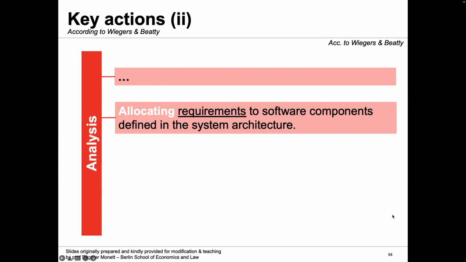So the next is allocating the requirements to software components which are defined in the software architecture. Sometimes you will realize that you have some components available for the software design that you're making, right? There are always some off-the-shelf systems that exist to meet your needs. For example, the authentication or login system, you may not need to implement yourselves.